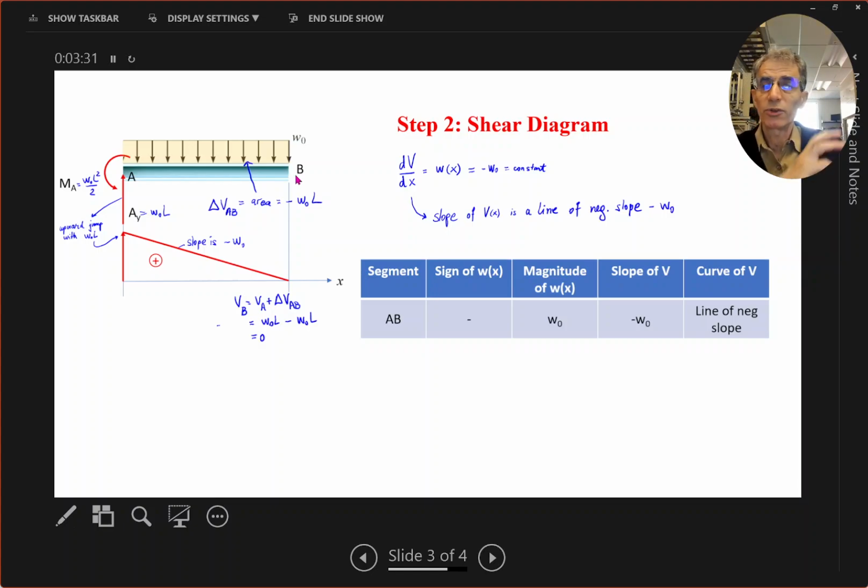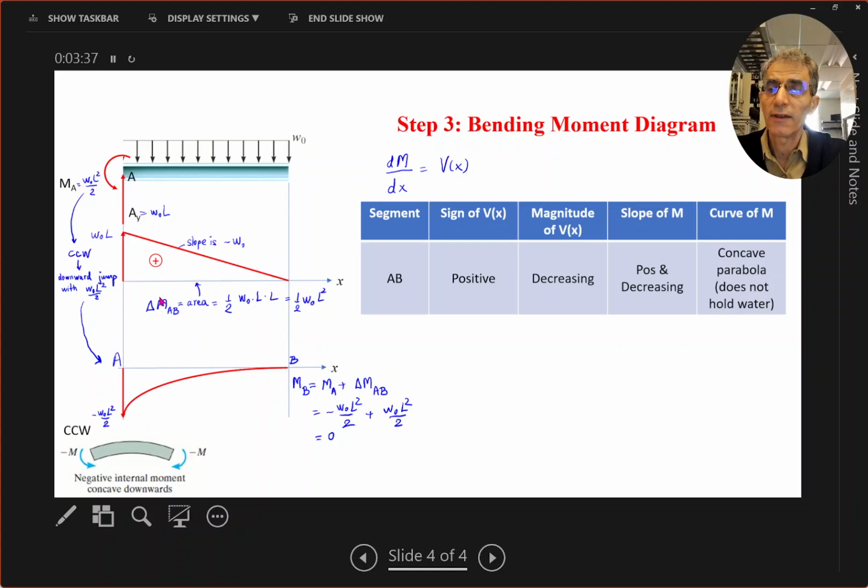Now for the third step, we use this diagram to calculate the bending moment. At the left point, we use this concentrated moment M_A that we solved for in the first step, and because it's counterclockwise, it's negative by convention.